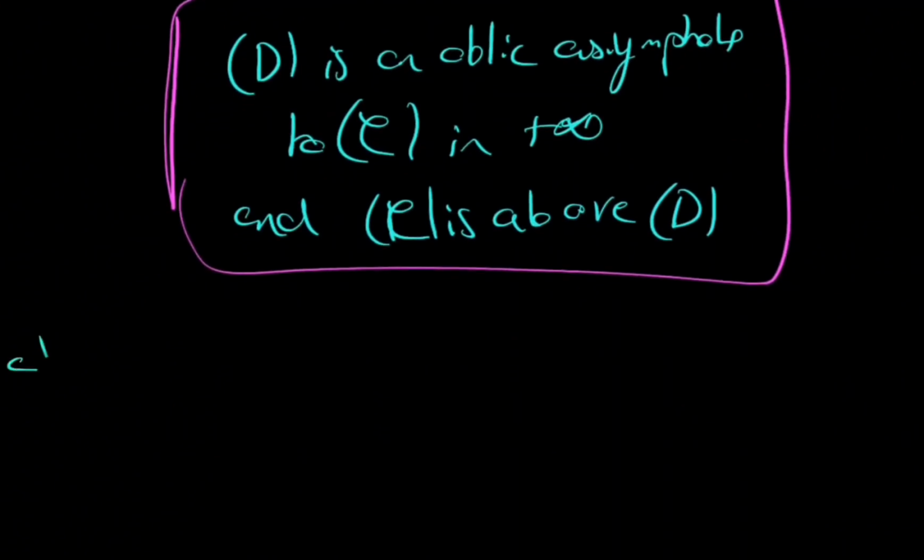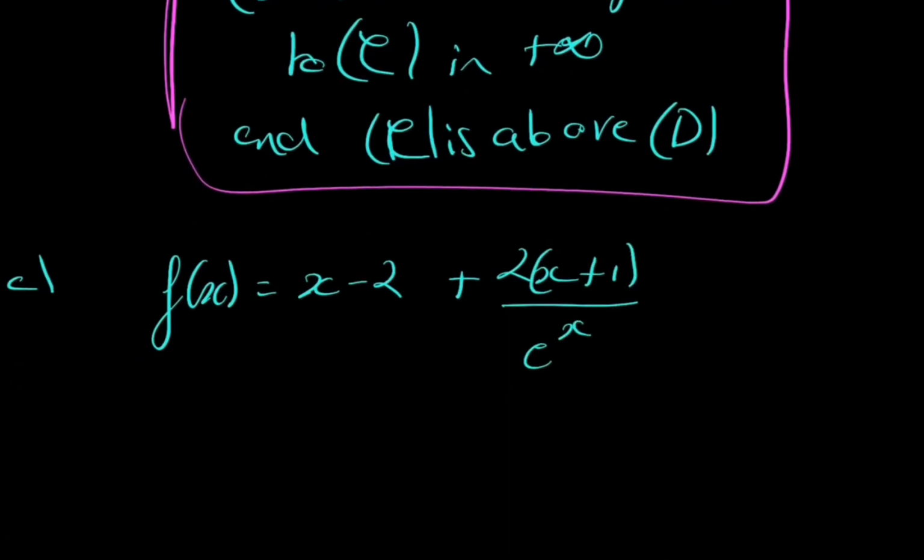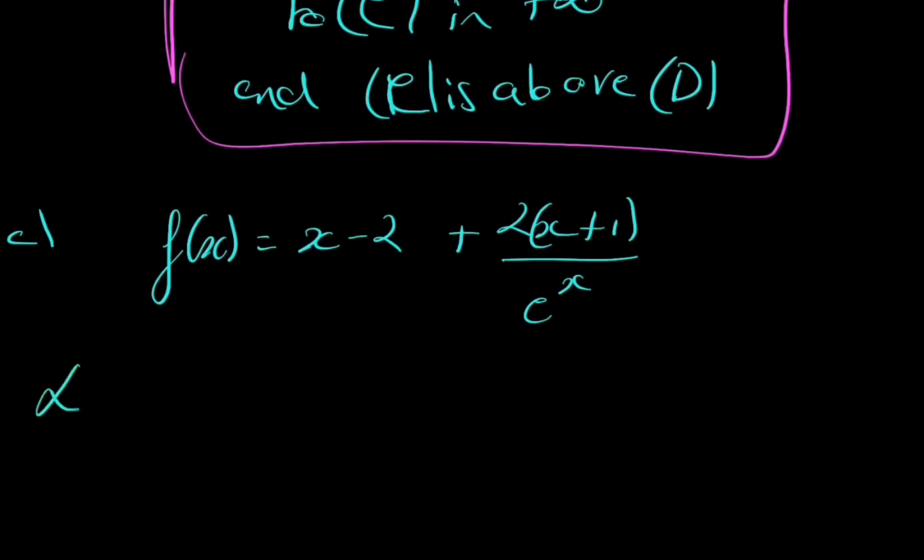So let's remember, f of x is equal to x minus 2 plus (2x plus 1) over exponential of x. As said, the domain of definition of f is R. We will not have any problem with the derivative because exponential is an easy function, and this is the only tricky part of the function.